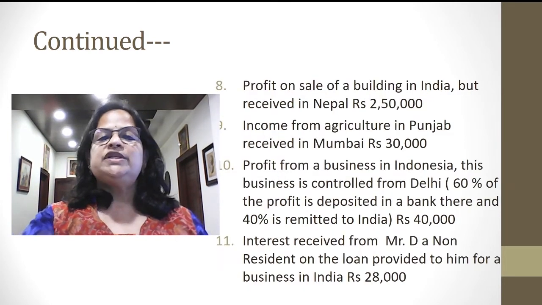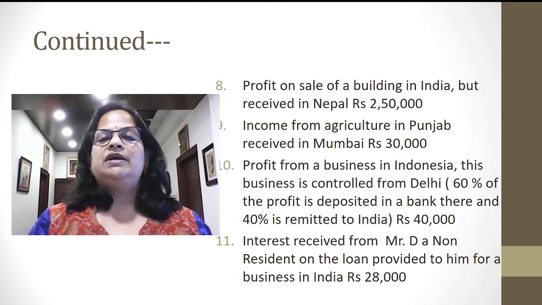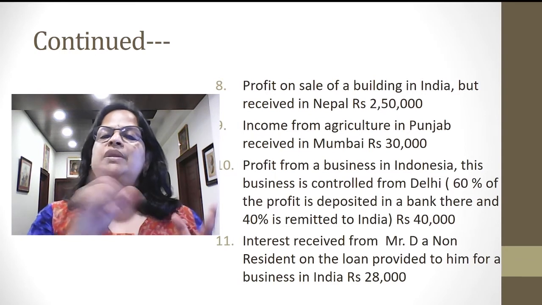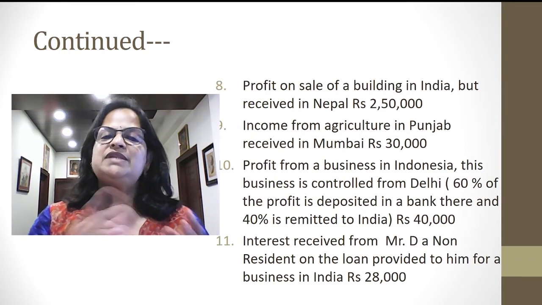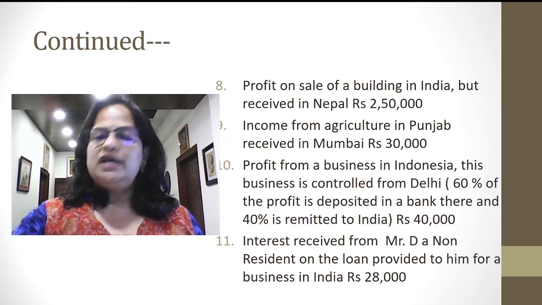Now, next question is profit on sale of a building in India but received in Nepal. So, you have to remember that it's not business income or professional income, house property income, capital gain, sale of profit on sale of a building. It's a capital gain. See how we will do that.